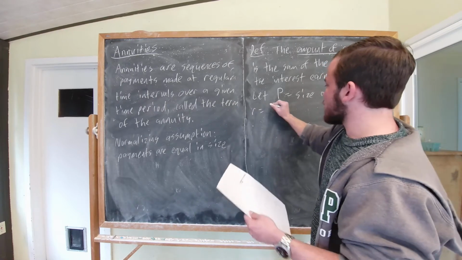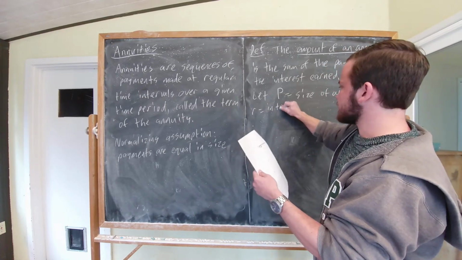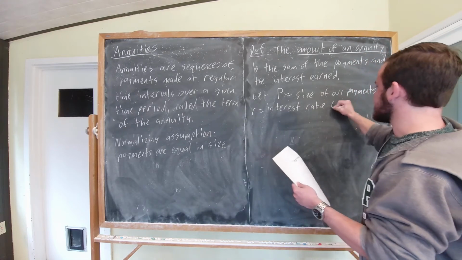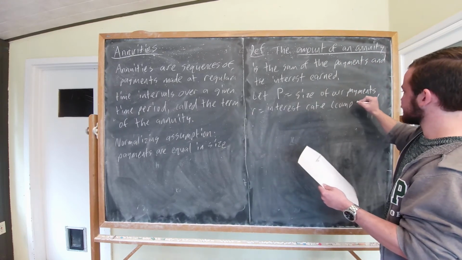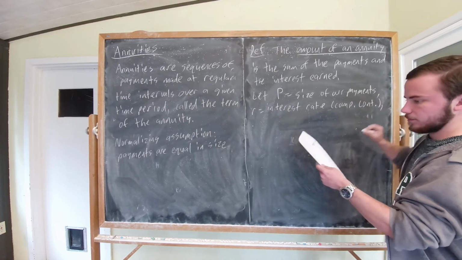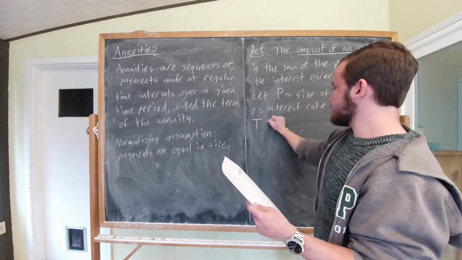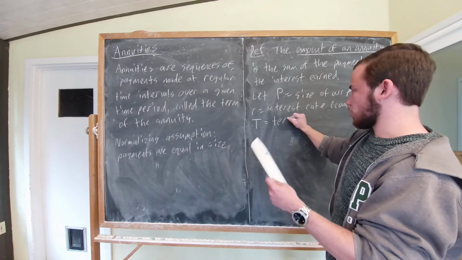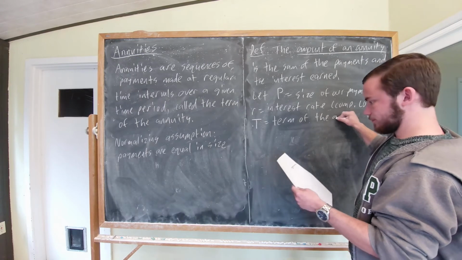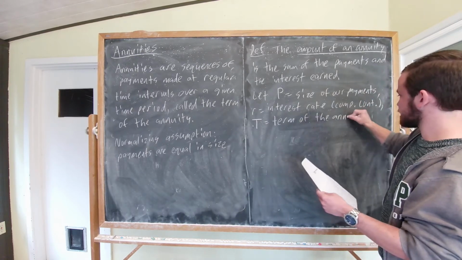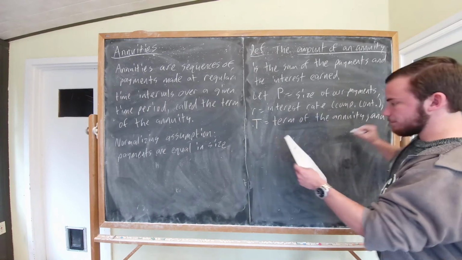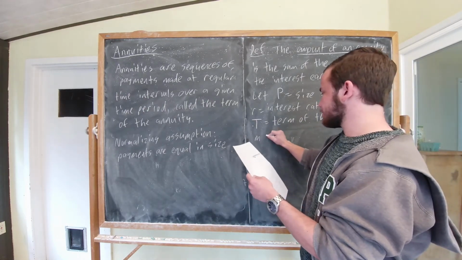And we let r be our interest rate, compounded continuously. Capital T be the term of the annuity. And little m be the number of payments per year.